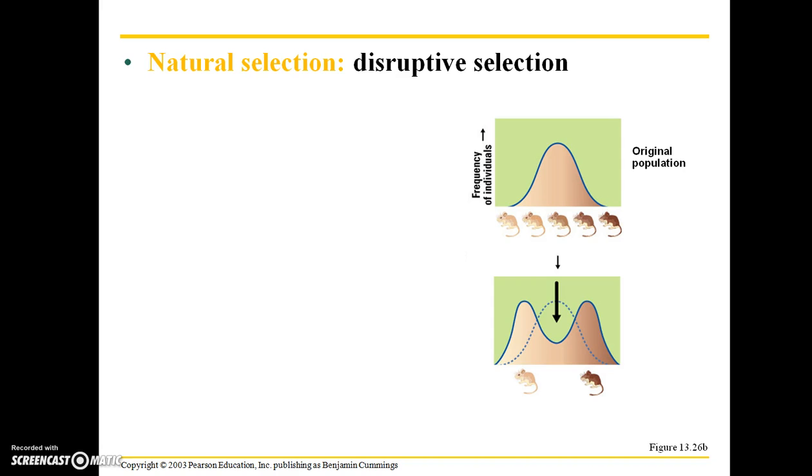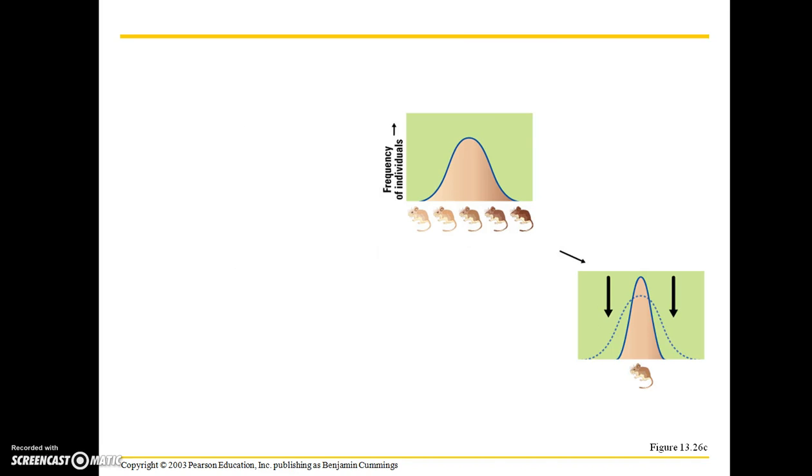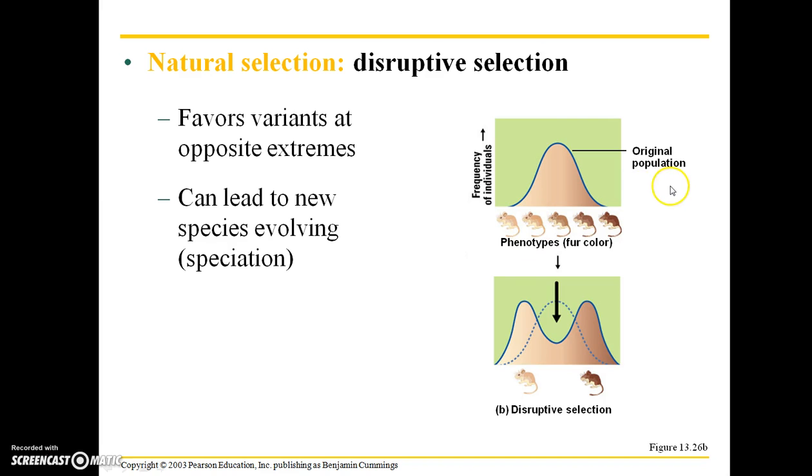Another type of natural selection, or a generalized outcome of how natural selection could work, is this concept known as disruptive selection. Disruptive selection favors variants at opposite extremes, and it can lead to new species evolving, otherwise known as speciation. So what we have here is this original population, again, just like the last slide, with most individuals being this medium brown color.